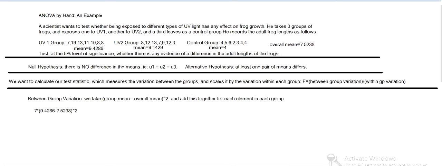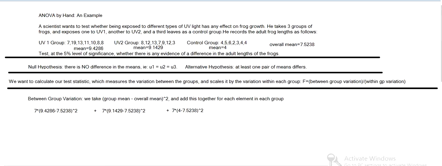So for the between group, we take each group mean minus the overall mean, square it, and add that up. We're adding it for each member in the group, so there are 7 in each group, so 7 times the first group mean minus the overall mean squared. Same for the second group, 7 times (9.1429 minus 7.5238) squared, and then the same for the third group.